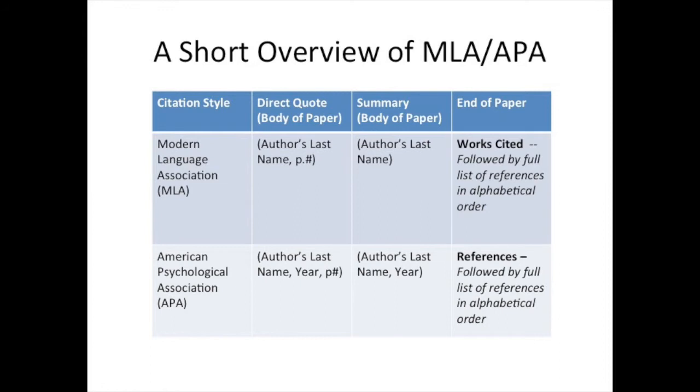Then, at the end of the paper, you'll have a full bibliographic reference in alphabetical order, but they have different names. In MLA format, it's called Works Cited, and in APA format, it's called References.